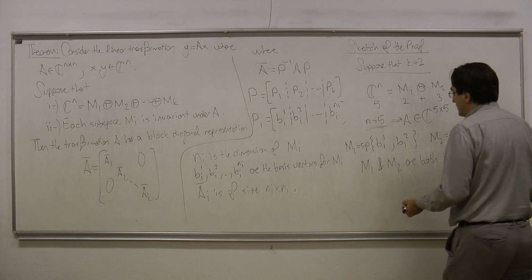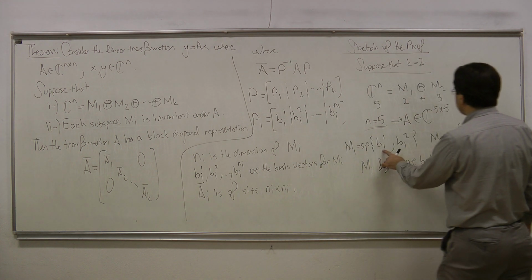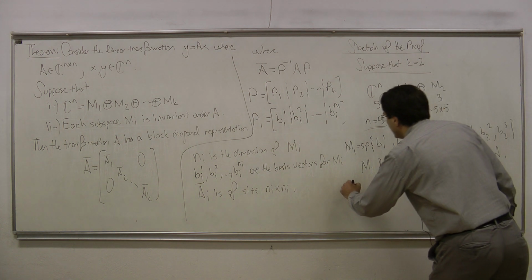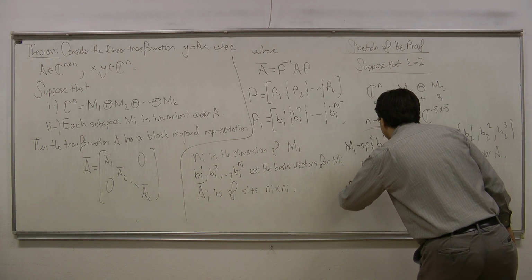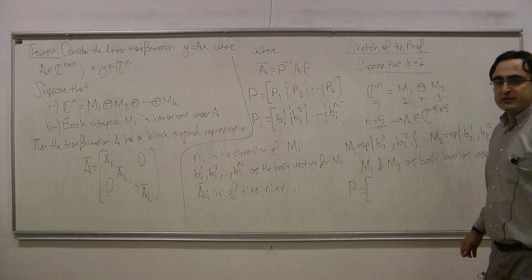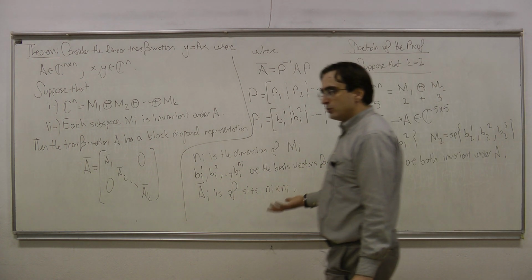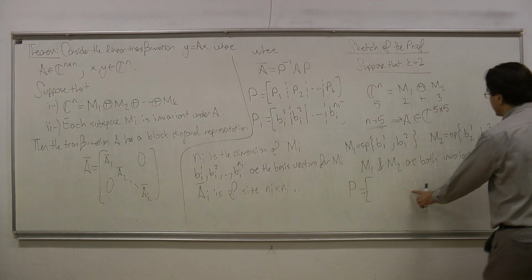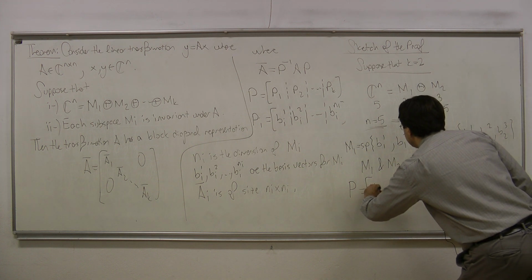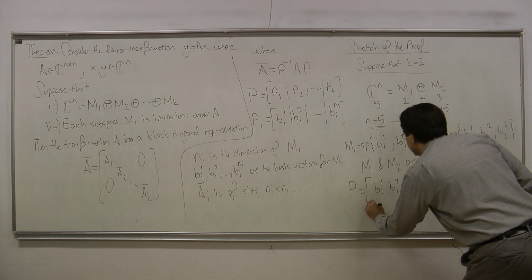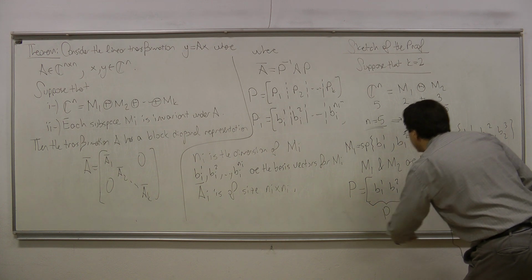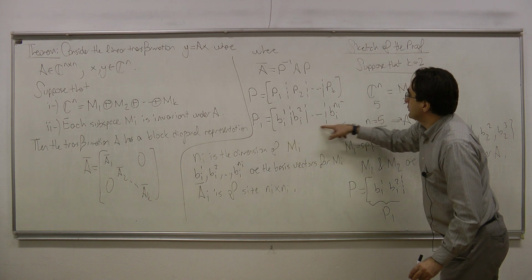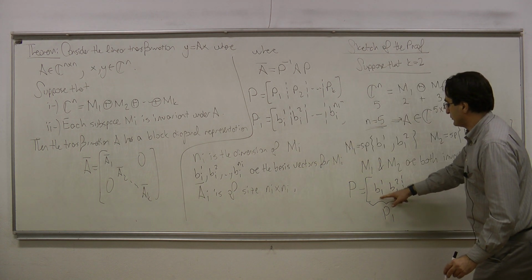Now I'm going to form my P matrix. Each of these vectors is in C^n, and I'm going to put them into a single P matrix. What should be the size of the P matrix? It is again going to be 5 by 5. I will put first the basis vectors of the first subspace, b11 and b12, and these two columns would be my P1 matrix, composed of the basis vectors of the subspace.